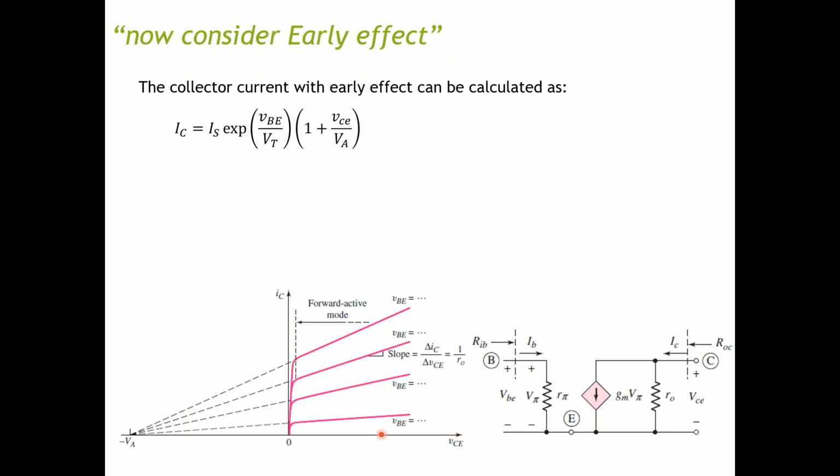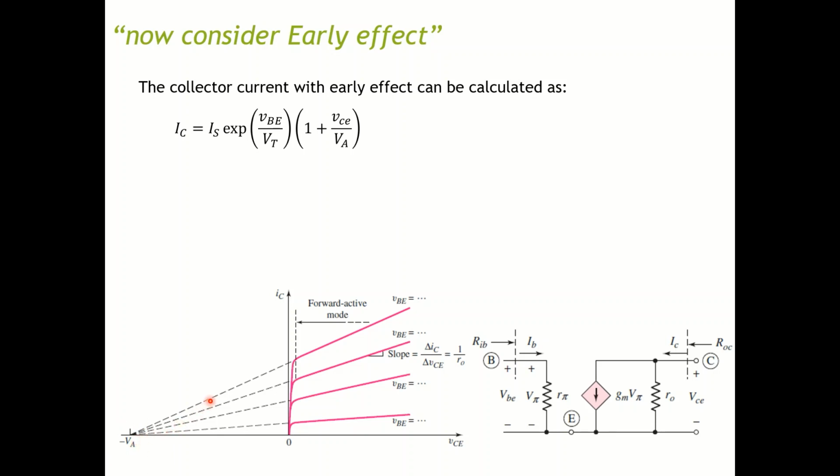Remember, in the previous example, we assumed that this current will stay flat when you increase this voltage. However, with the early effect, the current will actually increase. Basically, that value is affected by a parameter called the early voltage VA.